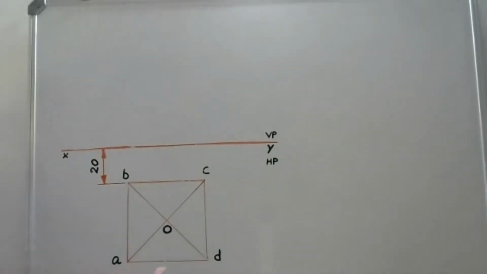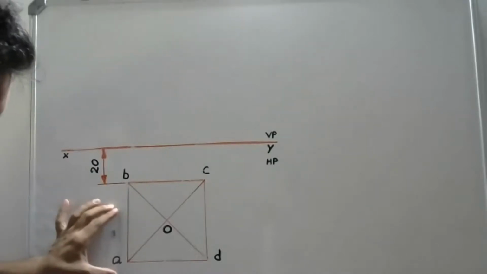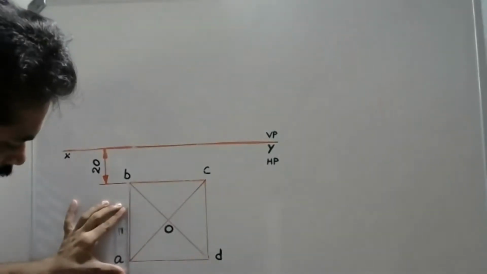Then dimension any one of the bases. You can dimension CD, AD, AB, whatever it is, but I am choosing the base AD here.